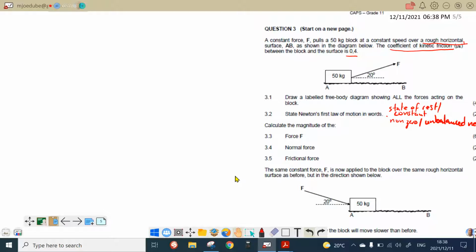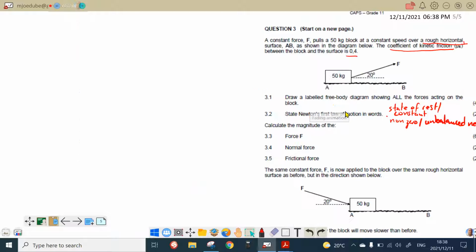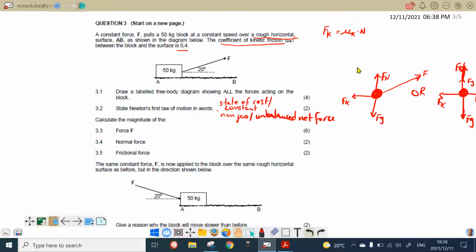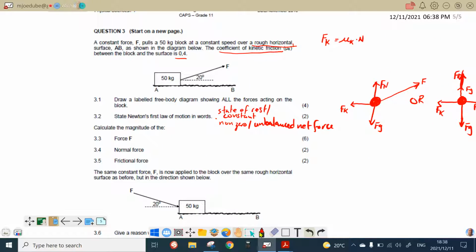So we drew our free body diagram. I'm just going to copy this free body diagram and then bring it down to the side where I'm going to do the calculation. So I will copy that.